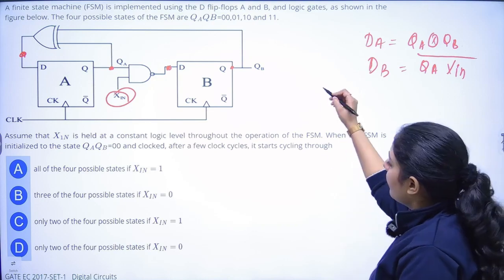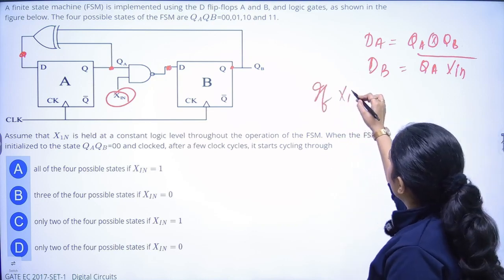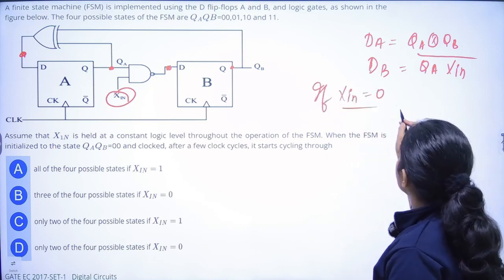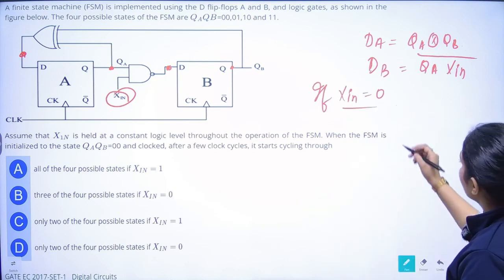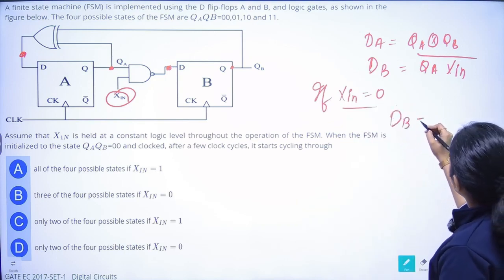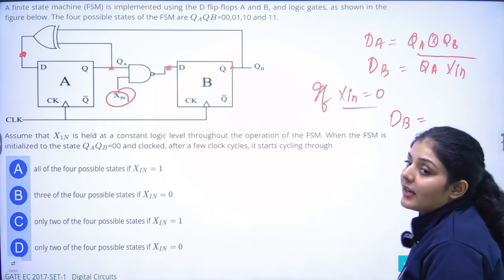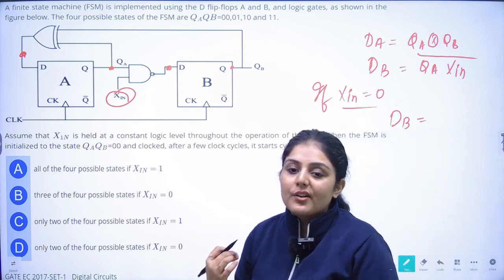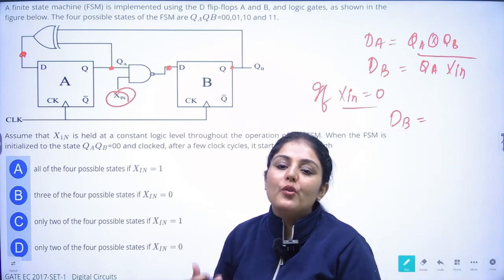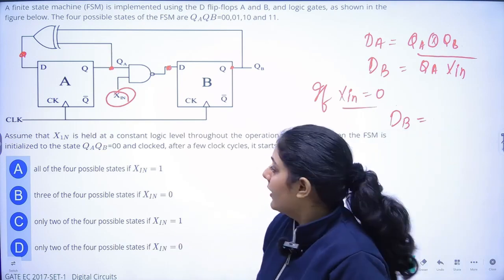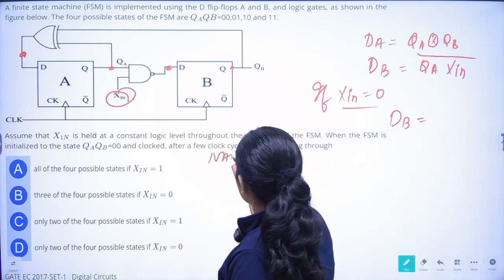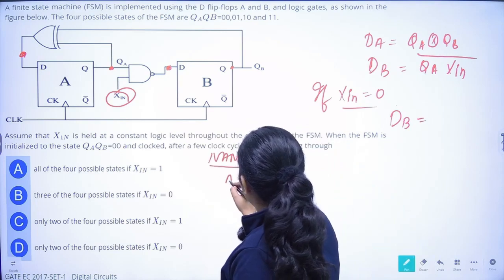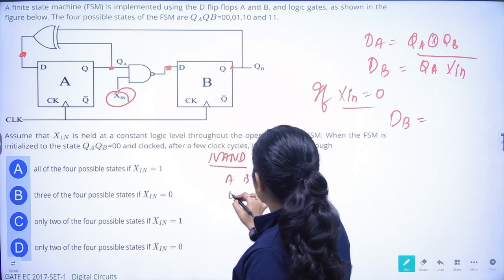Now, let's just say if X in is equal to 0. So if X in is equal to 0, DB will be equal to what? DB will be equal to, if I am putting any one of the inputs of the NAND gate to be 0, the output will always be 1. Because for the NAND gate, we know the truth table, A, B and Y, 0, 0.